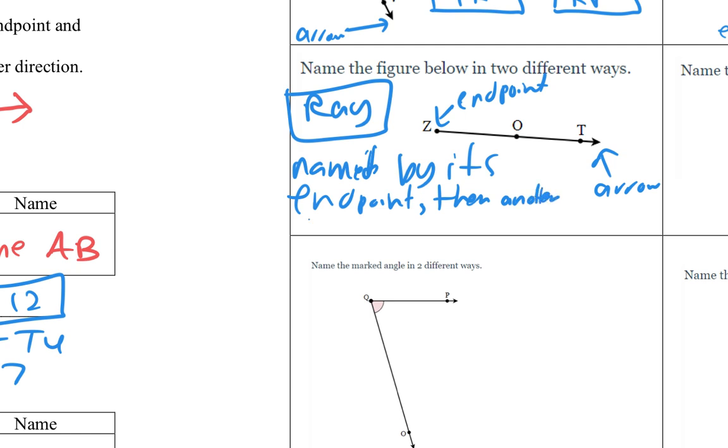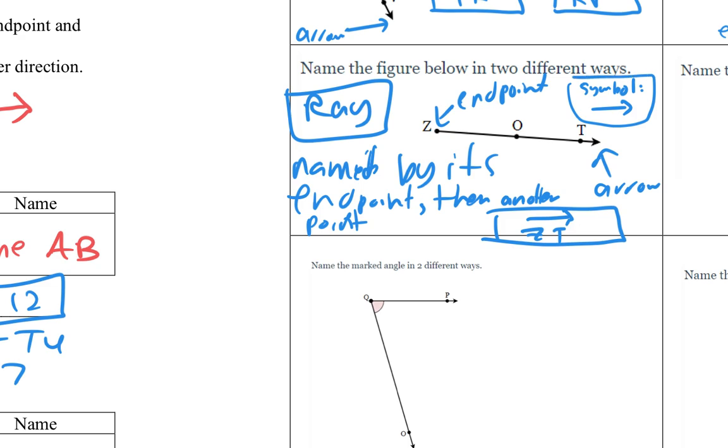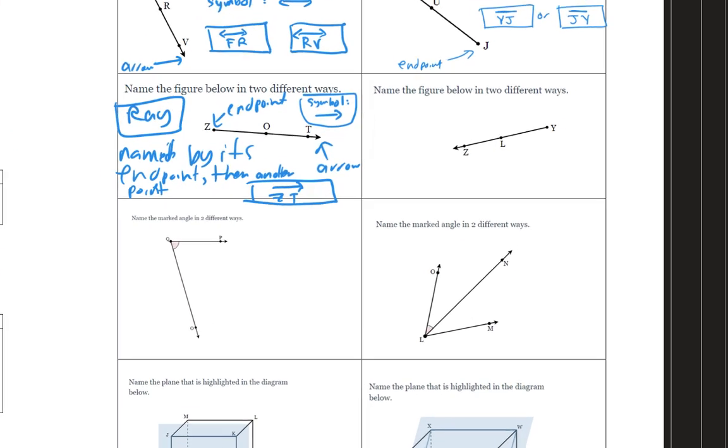So we can name this one ZC. Okay, and the symbol we use is an arrow, and it always goes to the right.